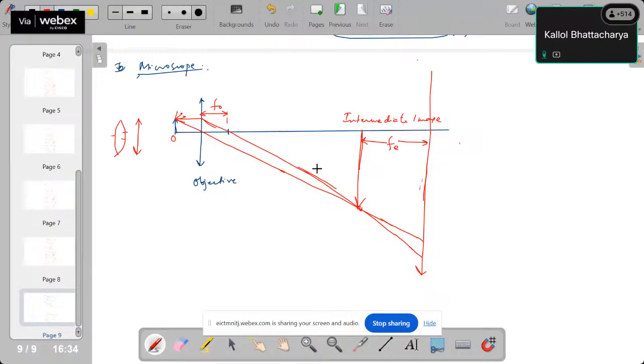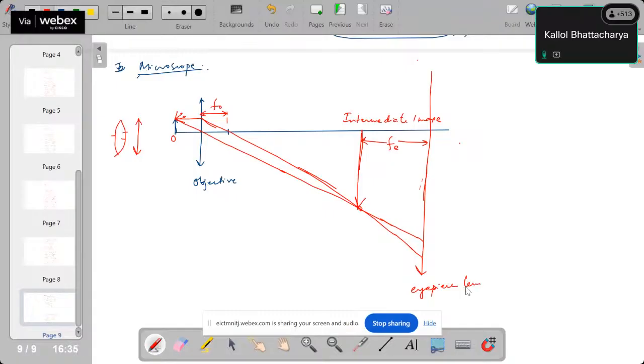So when the microscope is in focus, the intermediate image must be at the focal plane of the eyepiece. Now, what happens if this is so? After the eyepiece lens, so this is the eyepiece lens.